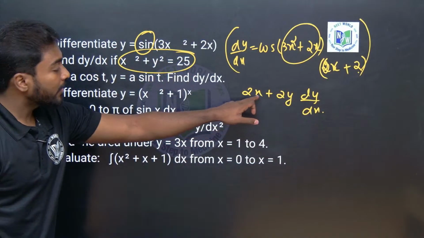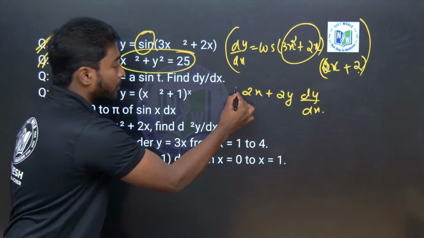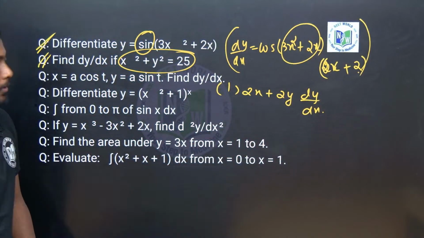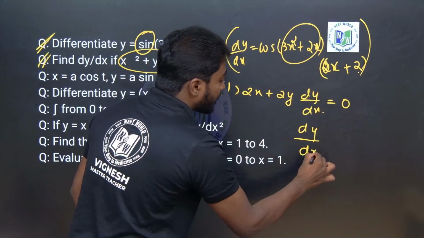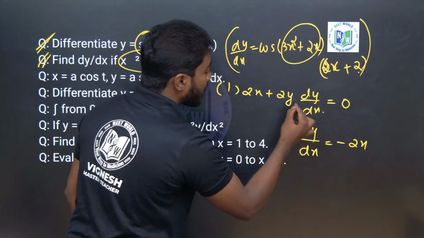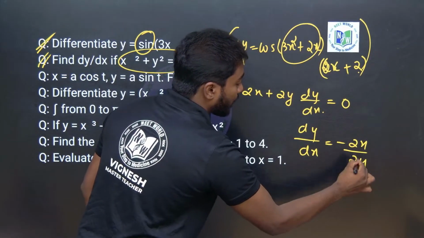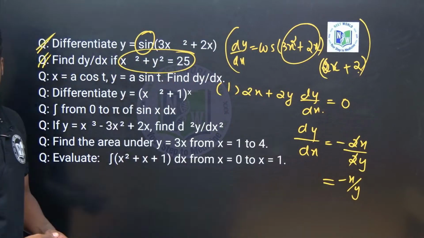If I see this one, 2x, again differentiation of x is 1. So that is why, okay, it is equal to 0. So dy by dx is equal to, if I take this 2x to this side, it is minus 2x by 2y. So 2 and 2 will get cancelled. So minus x by y is the answer. Okay.